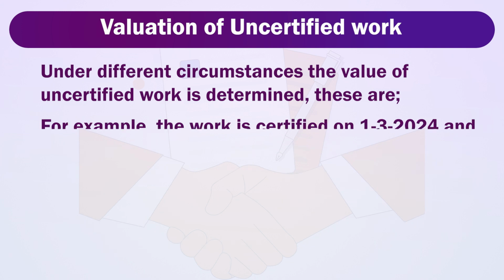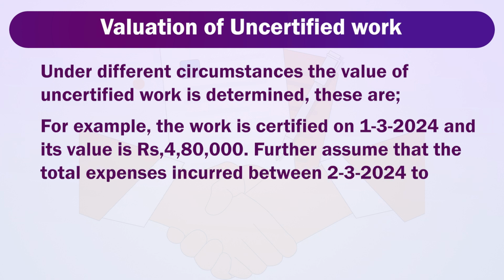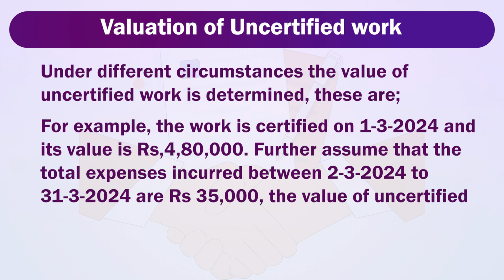For example, the work is certified on 1st March 2024 and its value is rupees 4,80,000. Further, assume that the total expenses incurred between 2nd March 2024 to 31st March 2024 are rupees 35,000. The value of uncertified work is rupees 35,000.